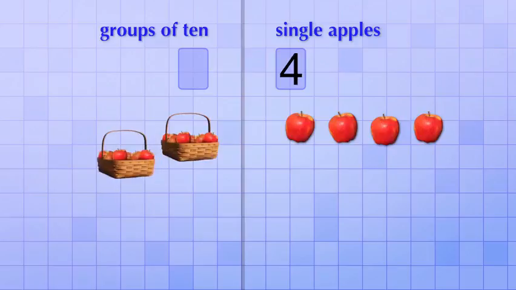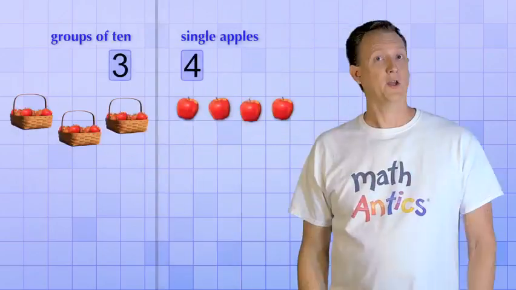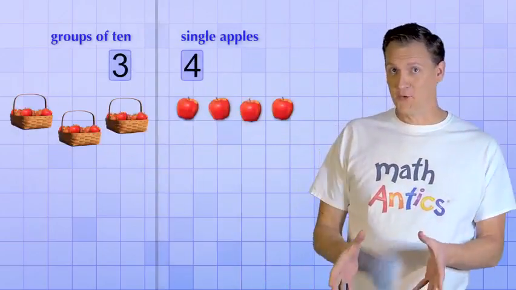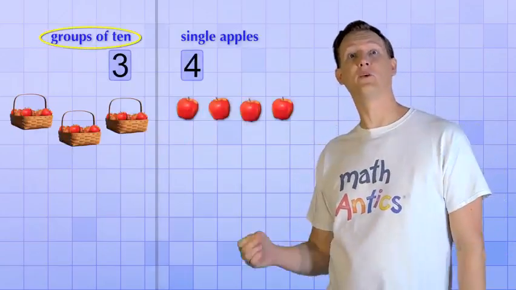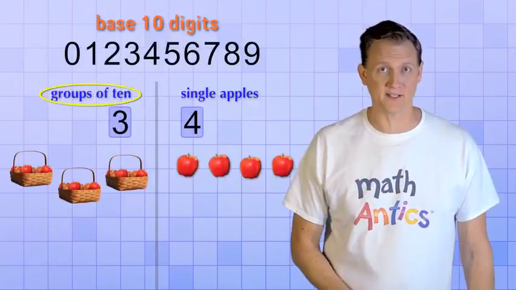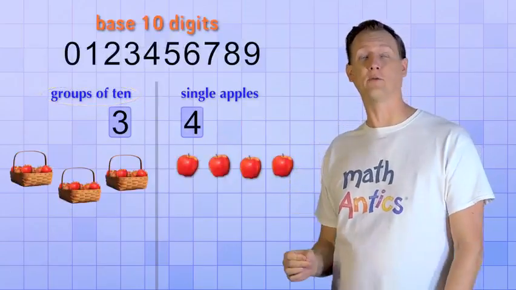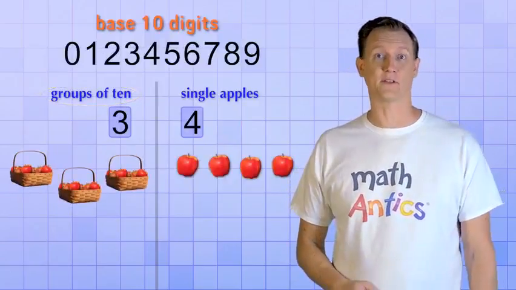If we pick 2 groups of 10, then we'll put the digit 2 in that number place. And if we picked 3 groups of 10, then we'll put the digit 3 in that number place, and so on. Do you see what's happening? Because the new number place is being used to count groups of 10, it's allowing us to reuse our original 10 digits. But this time, they're able to count or represent bigger amounts.